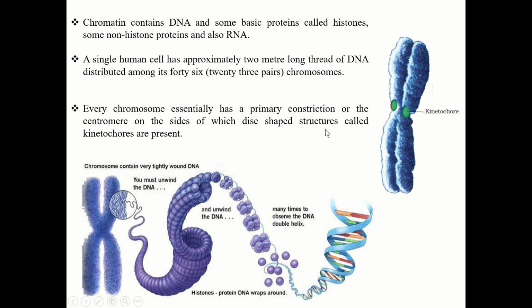Every chromosome essentially has a primary constriction or the centromere. Okay, on the side of which disc-shaped structures called kinetochores are present. Now you can see on the chromosome this disc-like structure is called the kinetochore, and on the other side you will find the centromere.